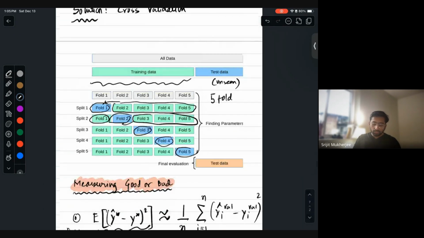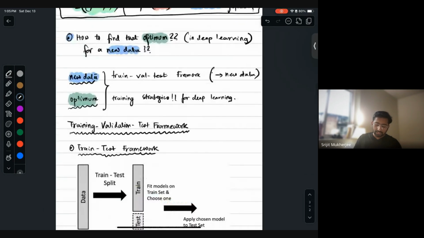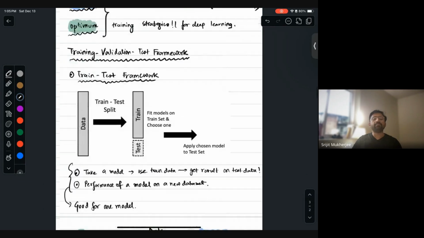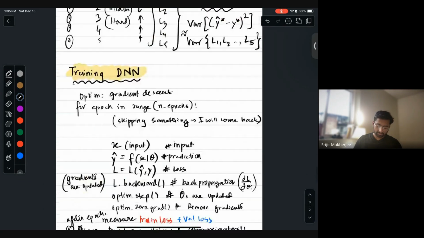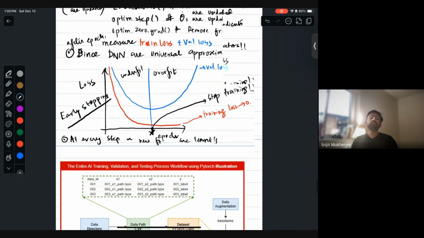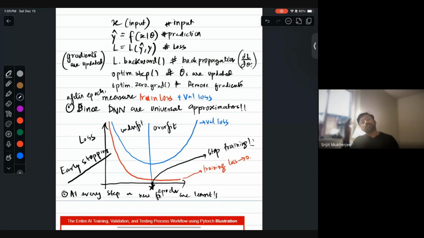Every step a new function is learned, so they are different functions. This is called early stopping, which is specifically for deep neural networks. After every epoch you measure both training and validation loss, and you stop where the validation loss started to increase.